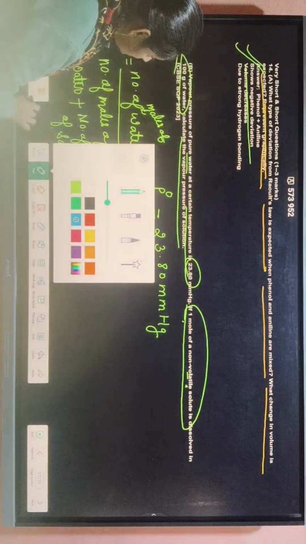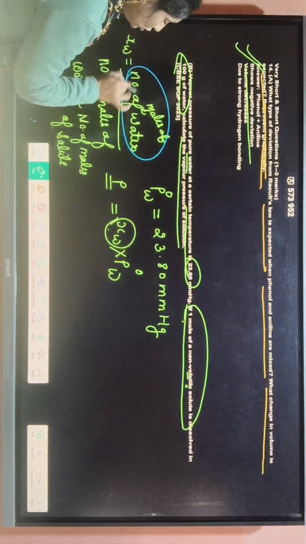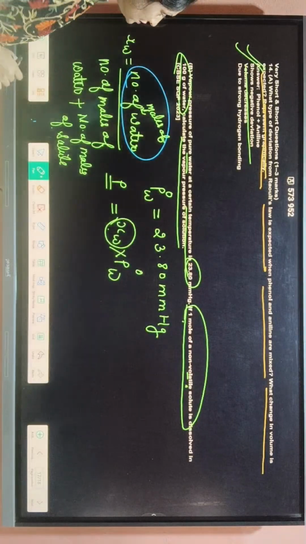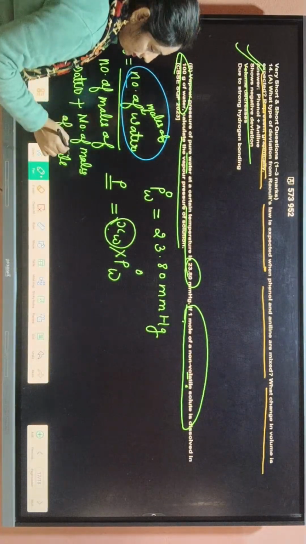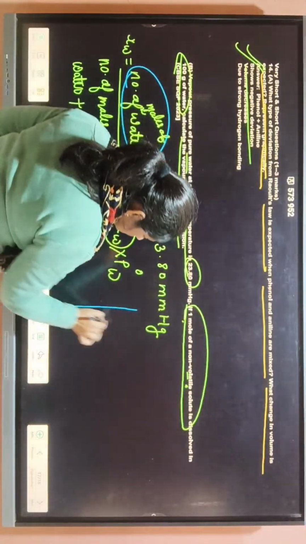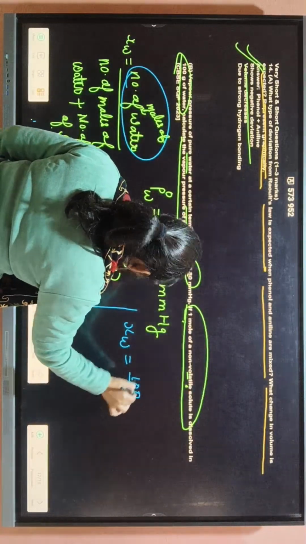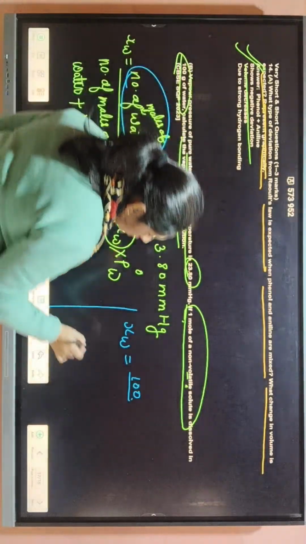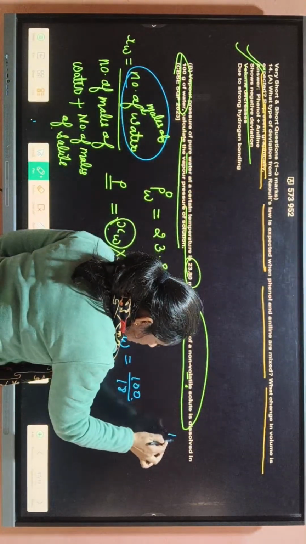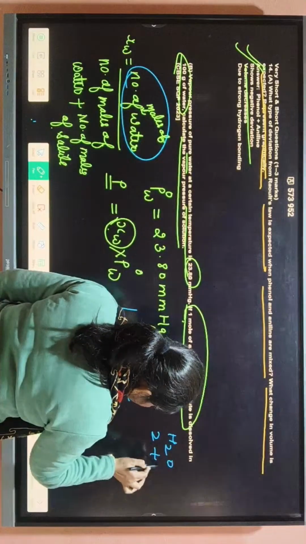Now you can check, students. How can you calculate the number of moles of water? Given mass is 100, divided by molar mass. Molar mass for water is 18.